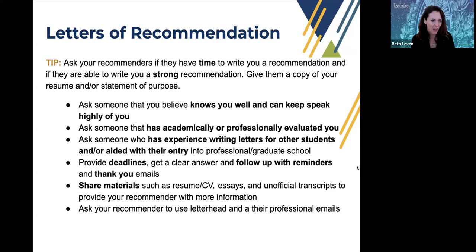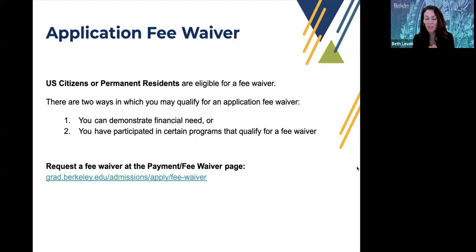All right. So I mentioned briefly about the application fee waiver. So the graduate division at UC Berkeley offers an application fee waiver. If you are an applicant that is a US citizen or permanent resident, you are eligible for a fee waiver. And there's a couple ways that you can apply for the waiver. The first is demonstrating financial aid. So you would provide information to that effect.